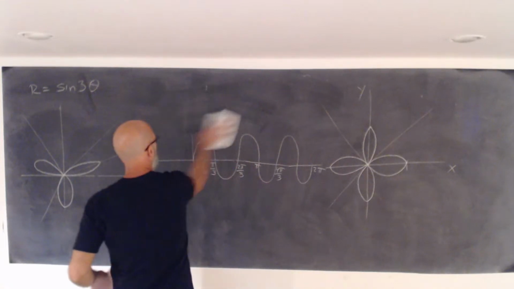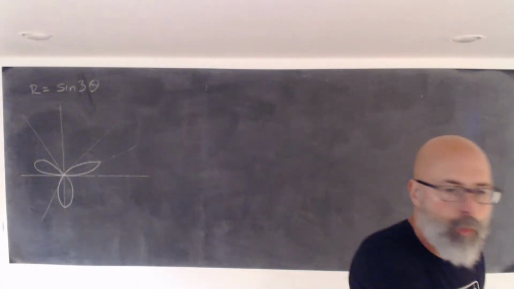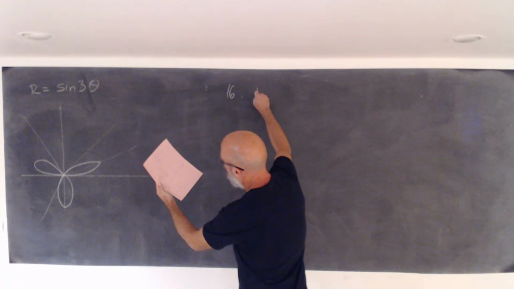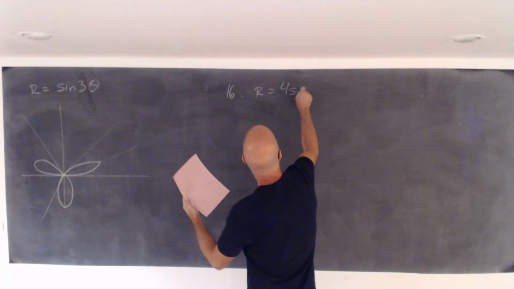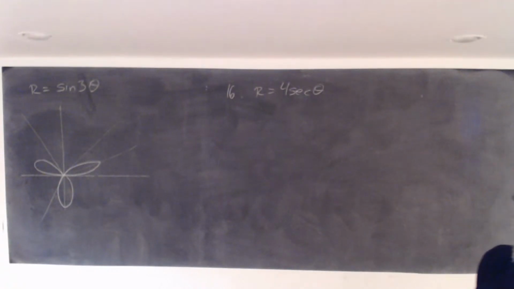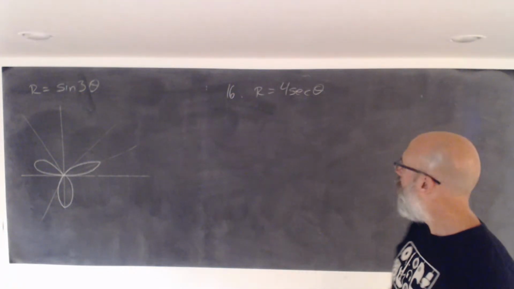Before we do anything else, let's take a moment to do a nice exercise. The question is asking us to identify the curve by rewriting this in Cartesian coordinates, in x and y.